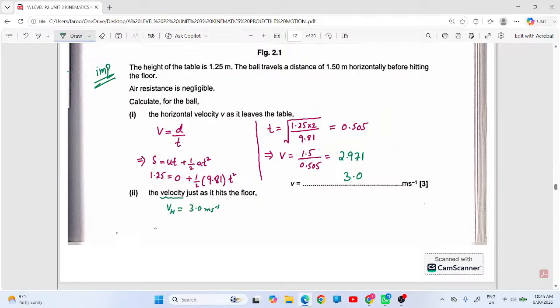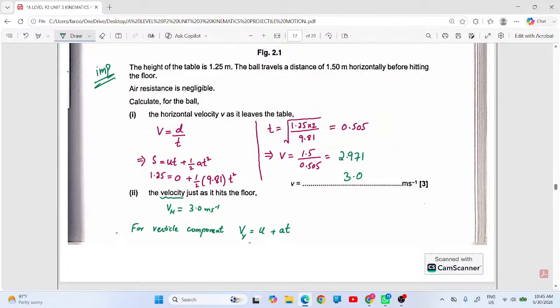So for vertical component, v vertical equals, क्या फॉर्मूला होता है? Angle is not given. एंगल तो हमको ढूंढना है. v equals u plus at.